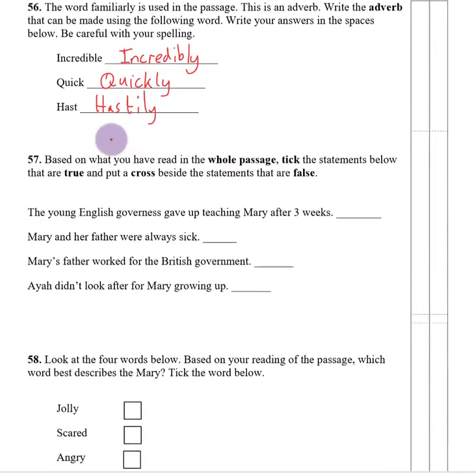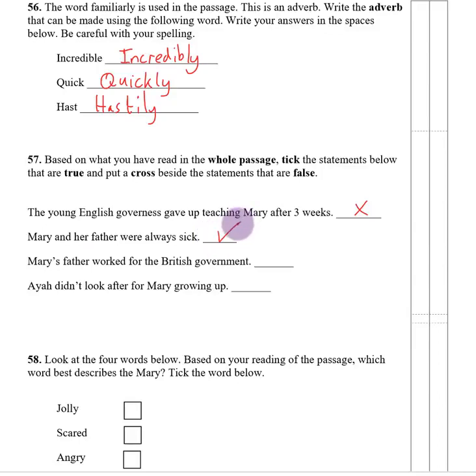Number 57. Based on what you've read in the whole passage, tick the statements below that are true and put a cross beside the statements that are false. So the young English governess gave up teaching Mary after 3 weeks. That is actually false. So we'll put a cross because it was actually after 3 months. Mary and her father were always sick.